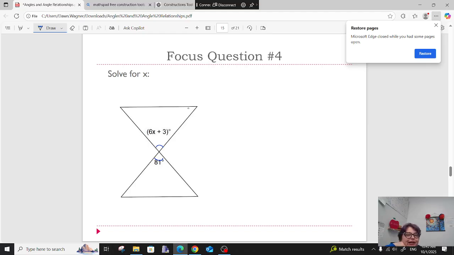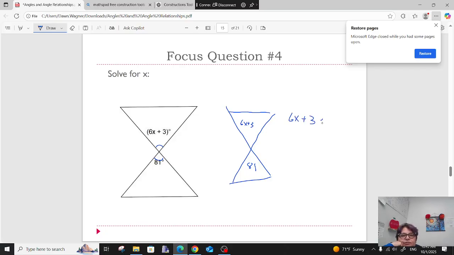All they did was try to mess with your brain and they just connected the outer ones. It's still a big X, right? They're saying this is 6x plus 3 and this is 81. So these two have to be equal to each other.